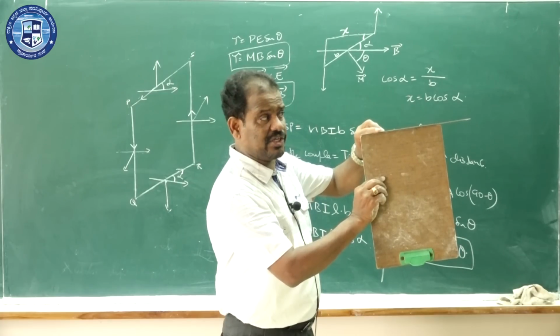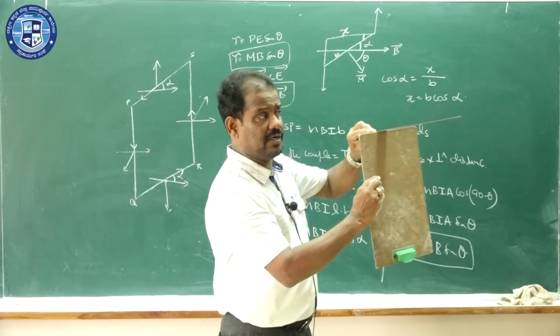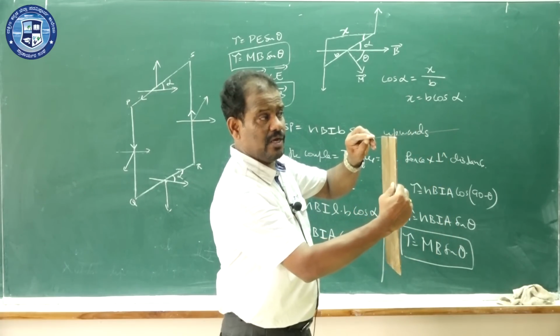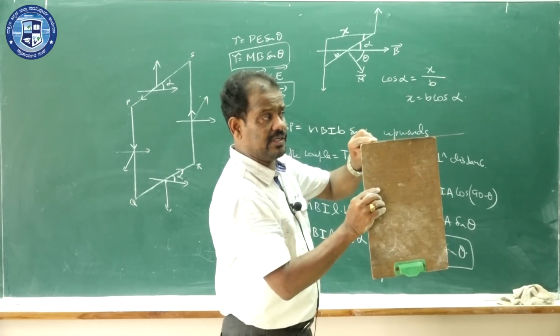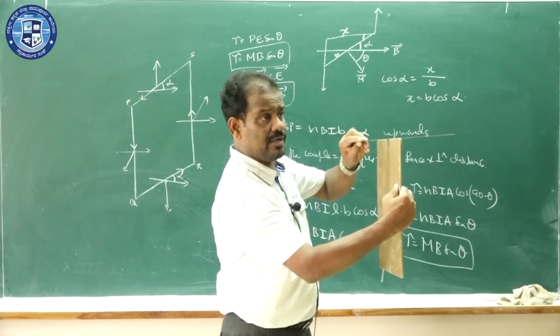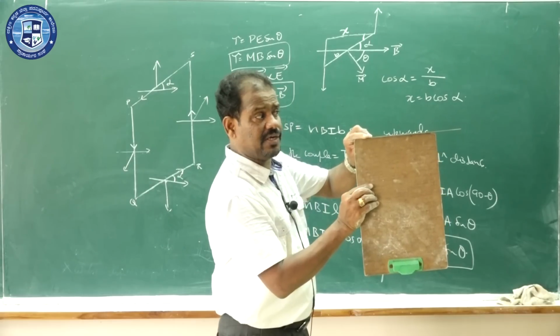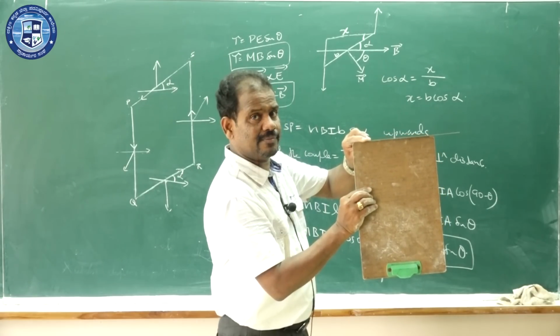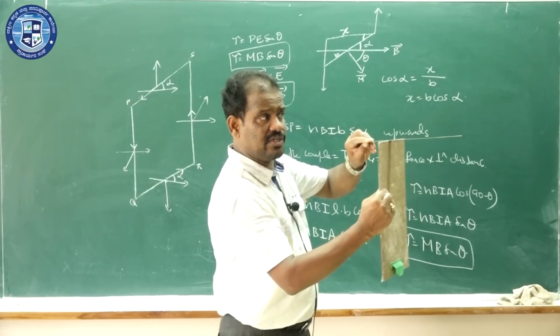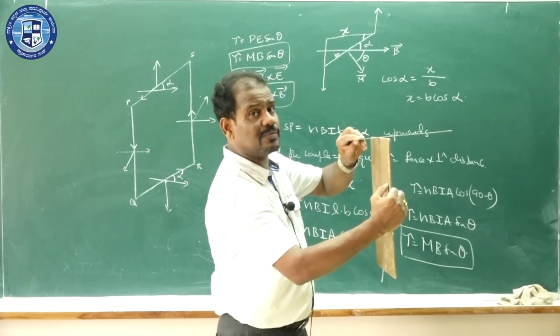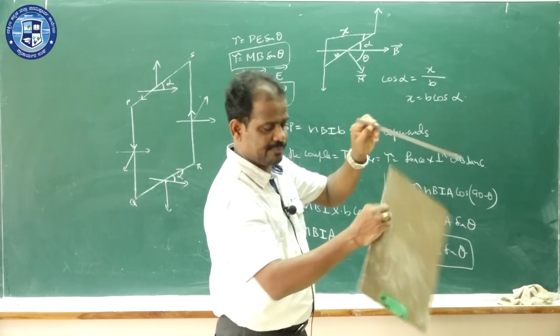The torque is highest and the coil will turn and turn and come and stand like this. Why will it come and stand here? Because in this position, theta is 90 degrees, torque is maximum. Torque decreases and decreases. In this position, torque is 0 because theta is 0.